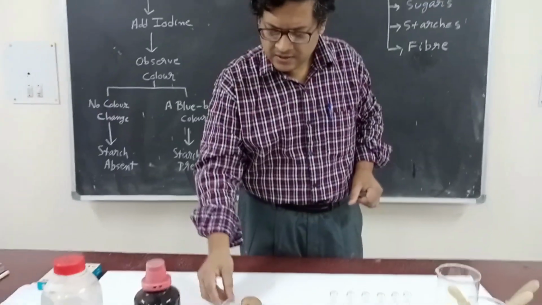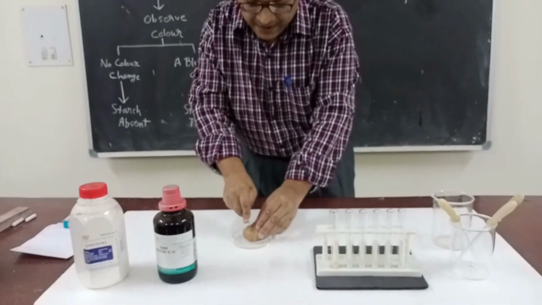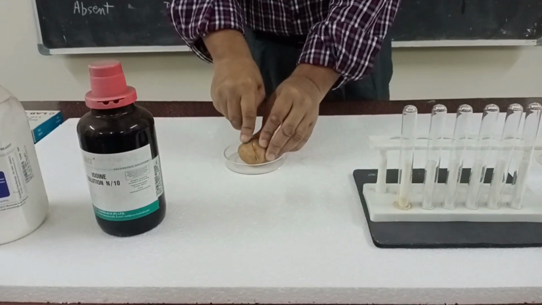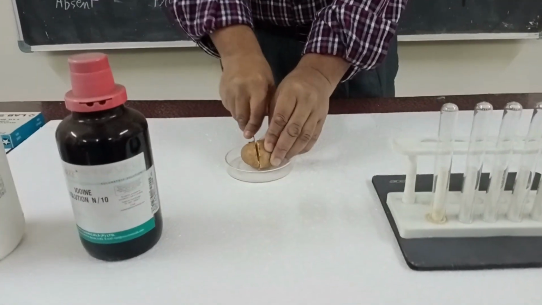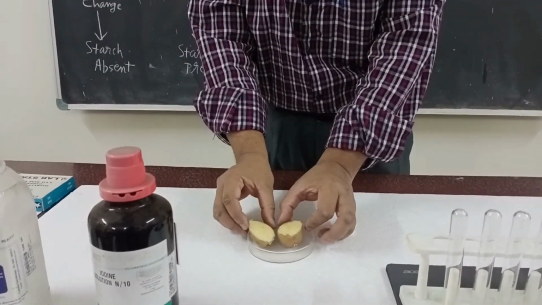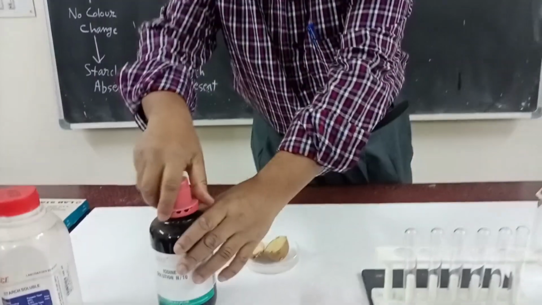At first I will cut this potato with the help of a scalpel or knife, whichever is easy for you. You simply cut it. So I get two pieces of potato. Then I have to take the iodine.